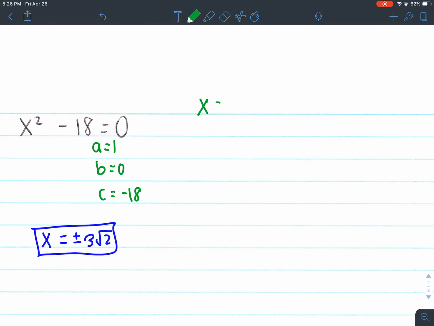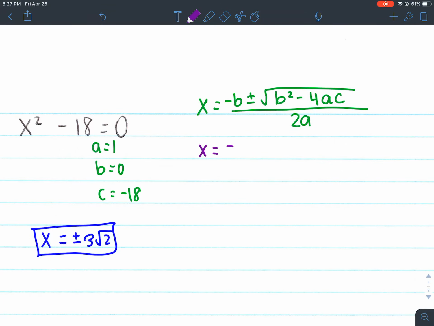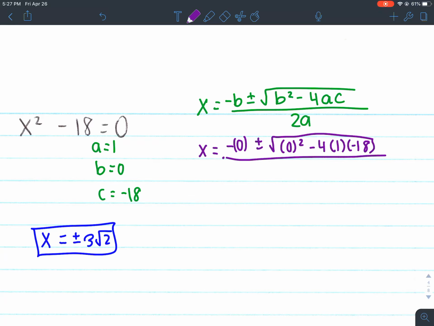So let me go ahead and write down that quadratic formula again. All right, so I have x equals negative 0 plus or minus square root of 0 squared minus 4 times 1 times negative 18, all over 2 times 1.